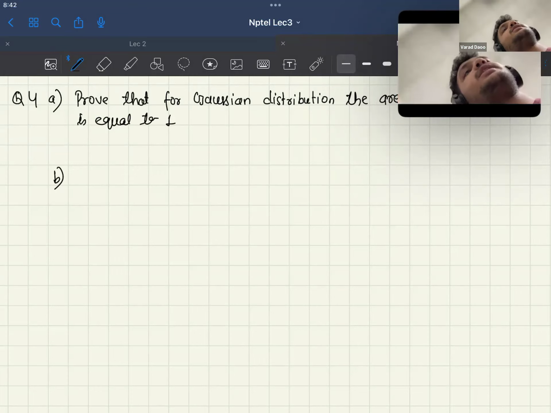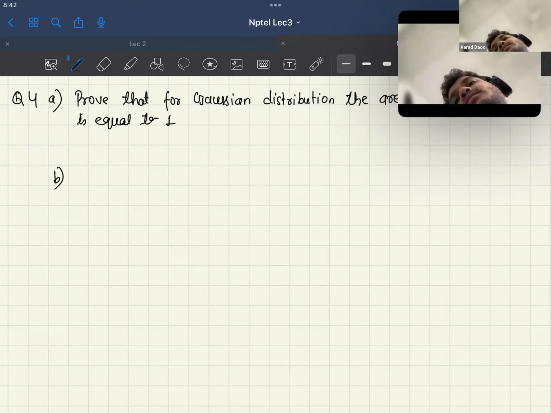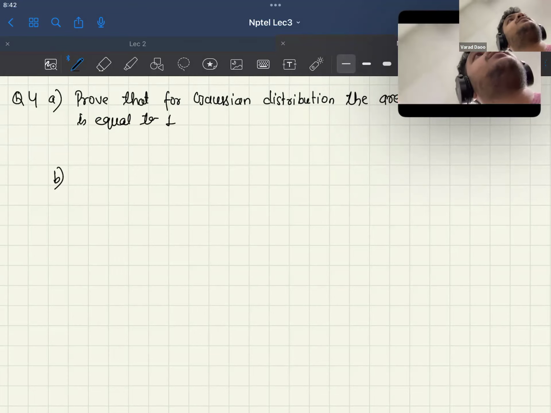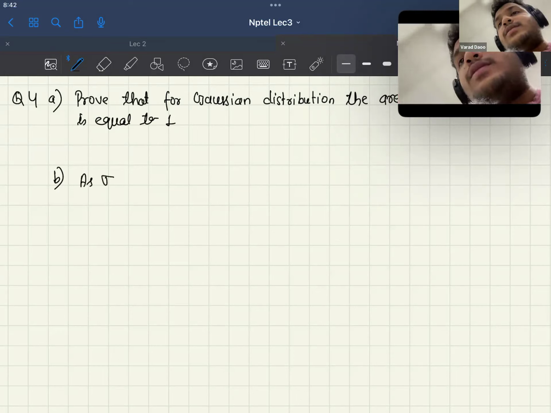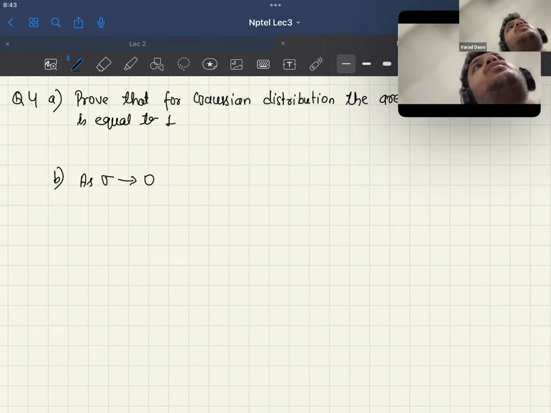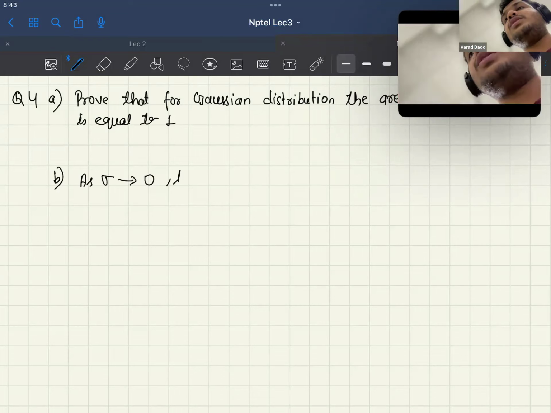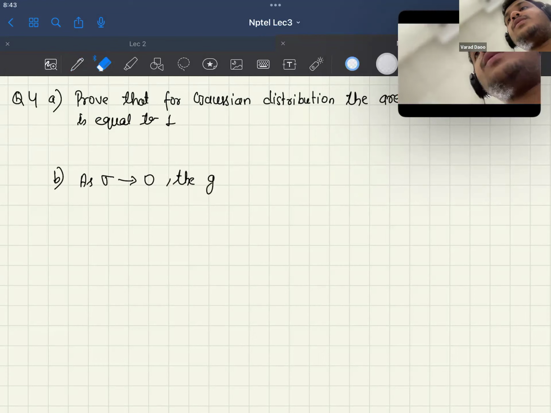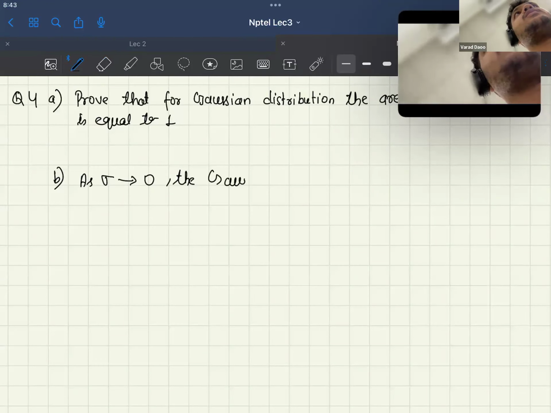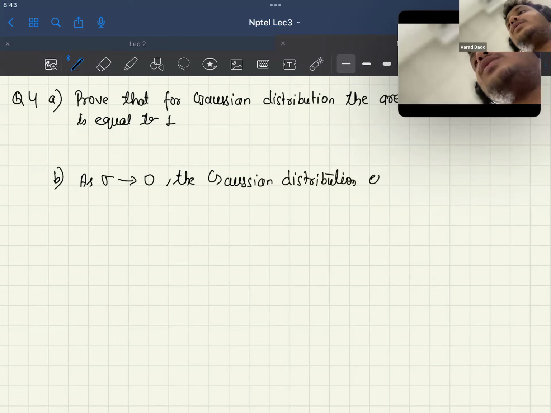Right? And the second part is, as sigma tends to 0, the Gaussian distribution essentially becomes a delta function, right?